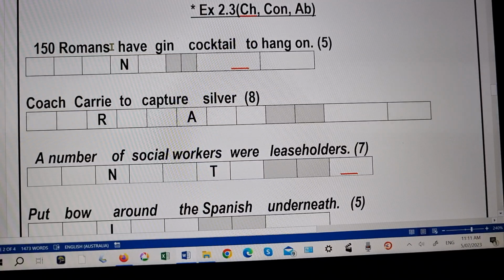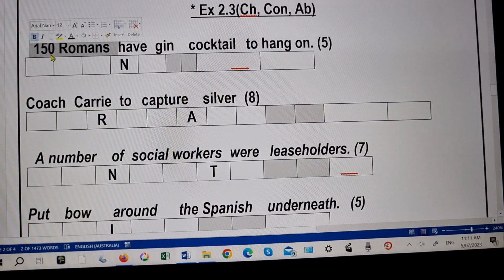So 150 Romans, that could be an abbreviation. It doesn't mean 150 Romans, it means 150 in Roman notation. And that's going to be a C and an L, isn't it? CL. All right.